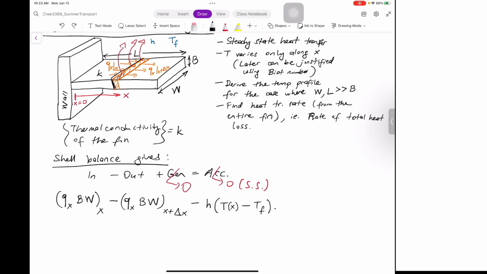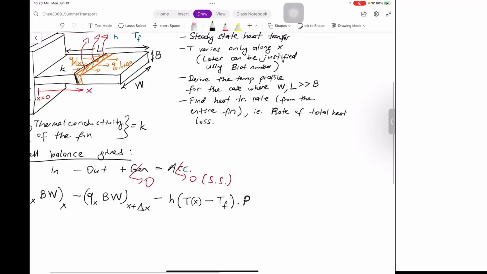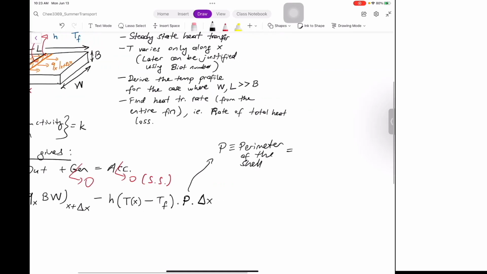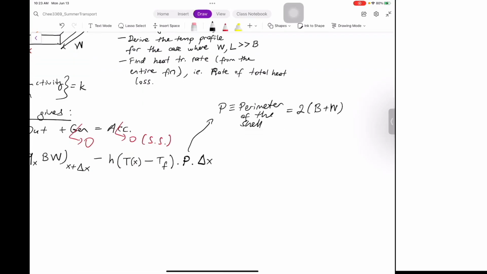It's basically the perimeter times the thickness, P times delta X, and P is the perimeter of the shell, and it's basically 2B plus 2W, right? 2 times B plus W. Yep, there you go. And that's equal to 0.